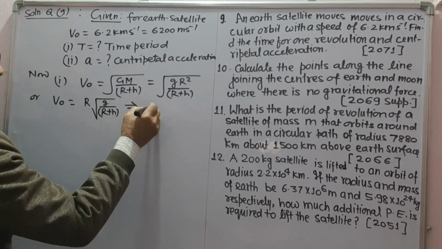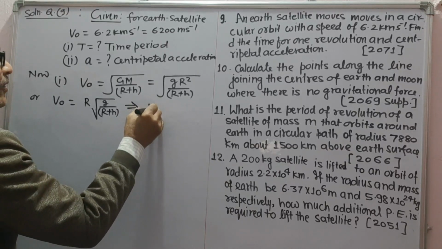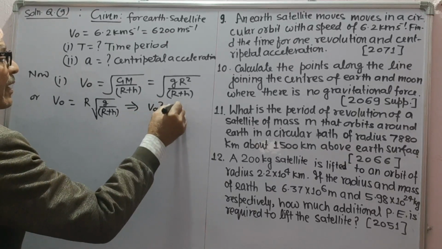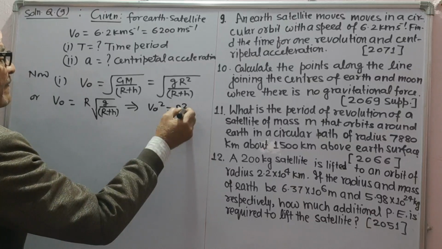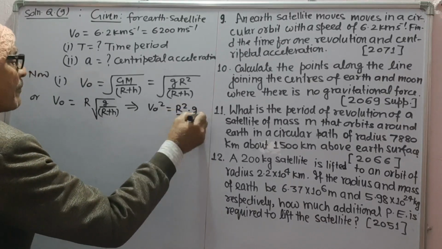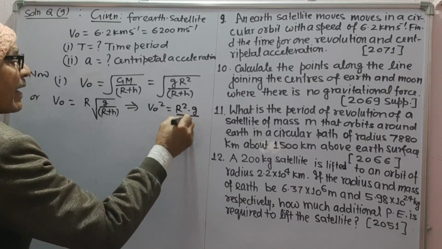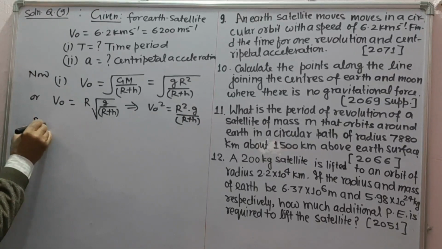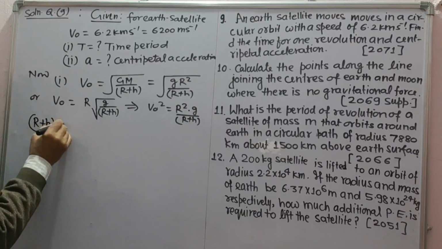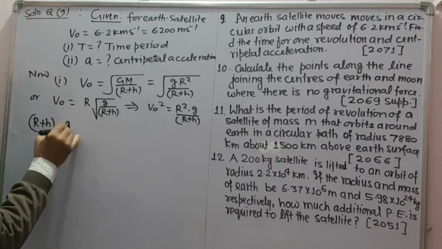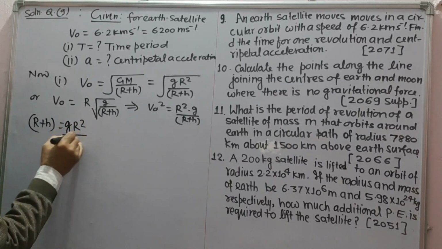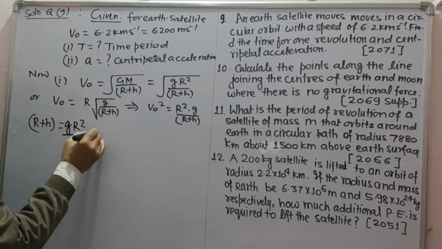Squaring both sides, we get v naught square is equal to R square g upon R plus h, so R plus h is g R square upon v naught square.